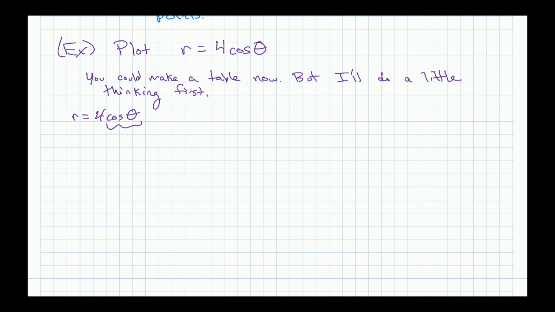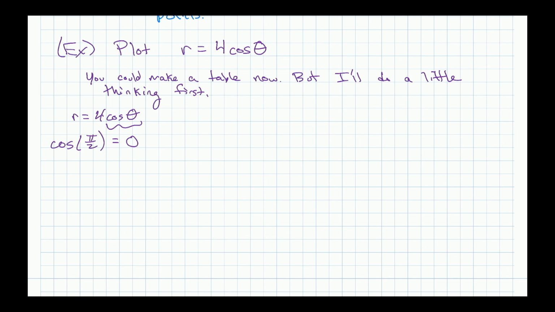So before we do any work, we can say cosine is the x value on the unit circle. So we know that cosine of pi over 2 is going to be 0, 90 degrees.